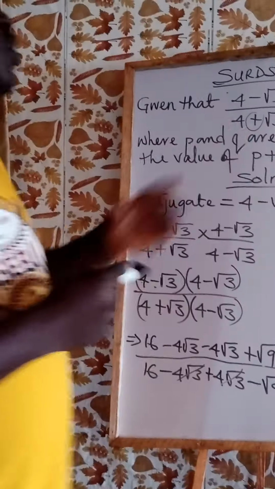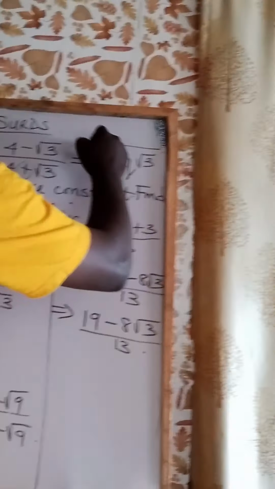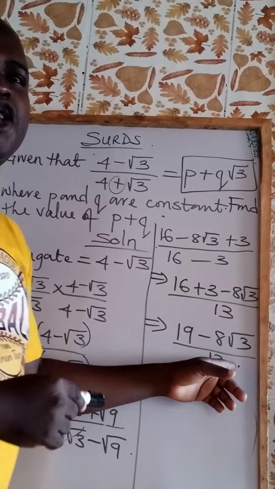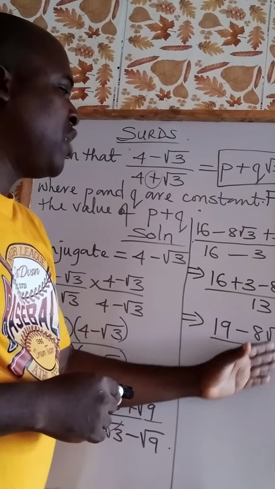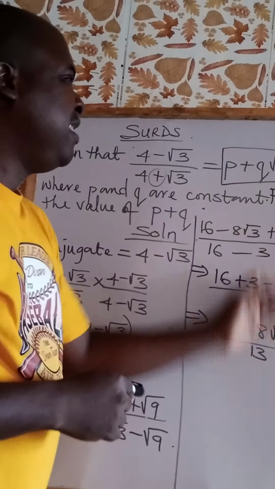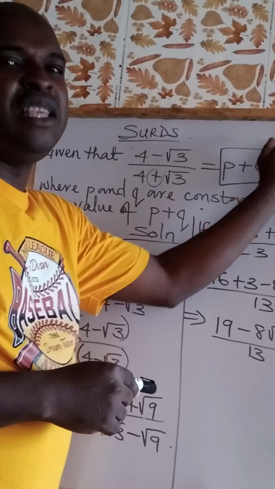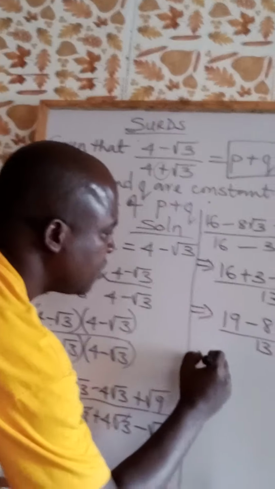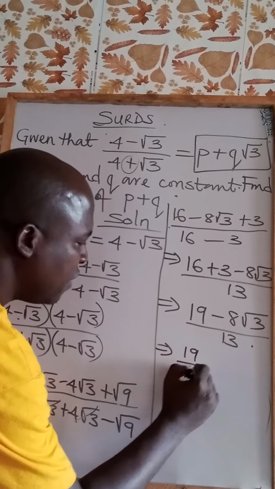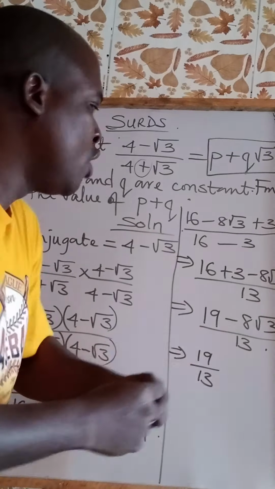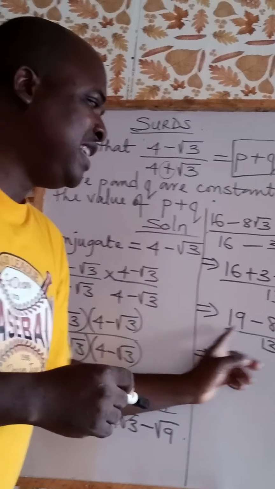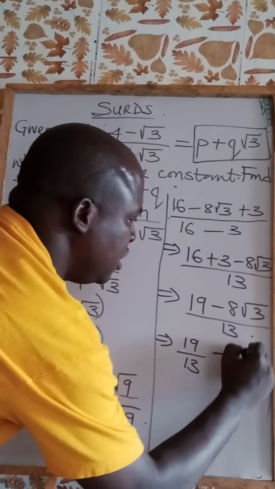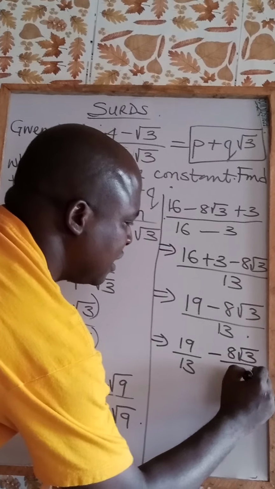Check the given equation. From the question, we are asked to first find P and Q. So we are going to arrange our equation now. This value that we have here, we are going to arrange it in terms of P and Q root 3, as given in the original question. So we are going to have 19 all over 13, as this 13 here will be dividing both 19 and 8 root 3, then minus 8 root 3 all over 13.